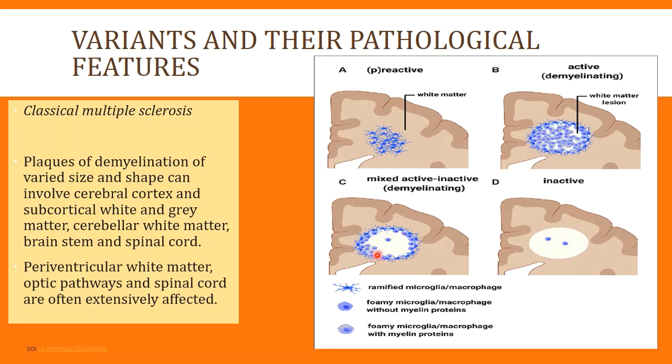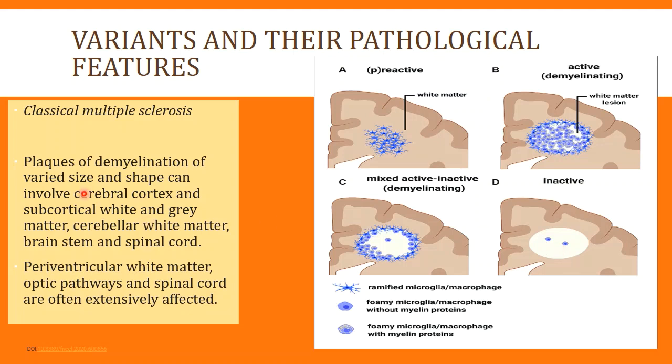In addition, you see the foamy macrophages with myelin, and there are some foamy macrophages without myelin. On the other hand, in the inactive state, there are only those macrophages which lack myelin. So foamy histiocytes or macrophages are present, but these macrophages lack myelin.